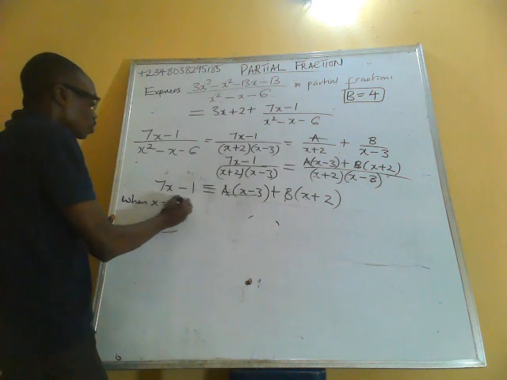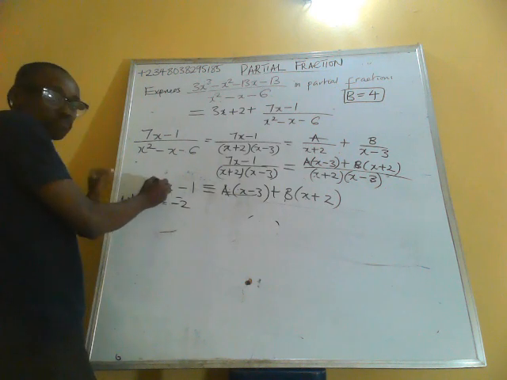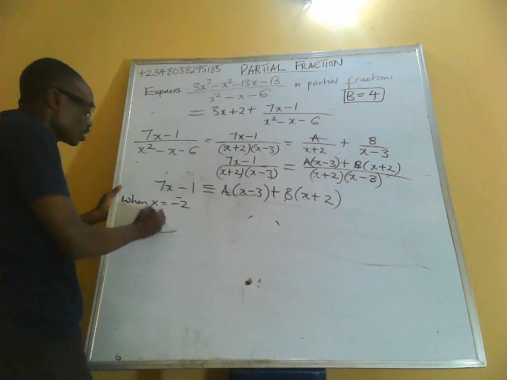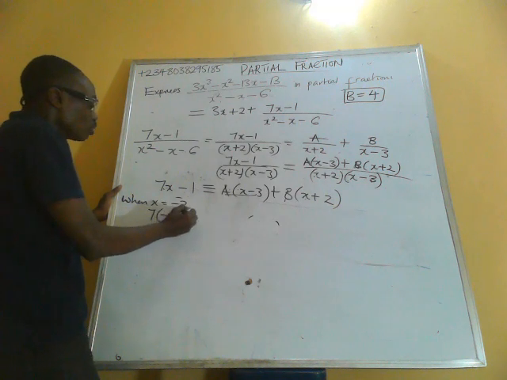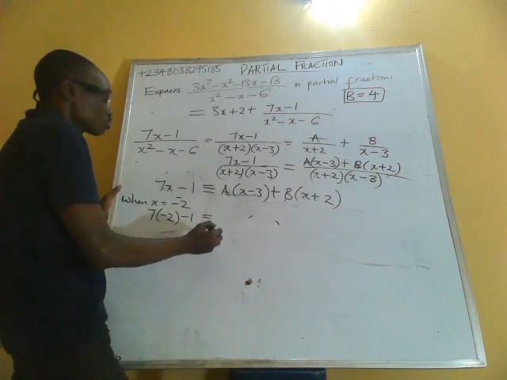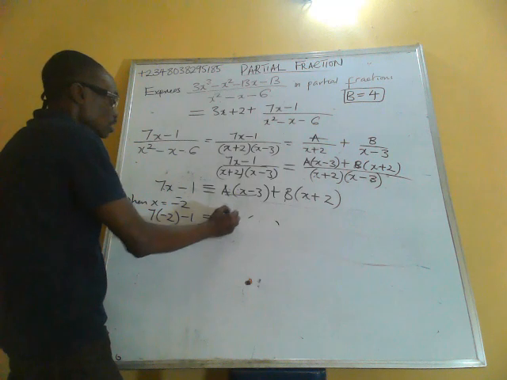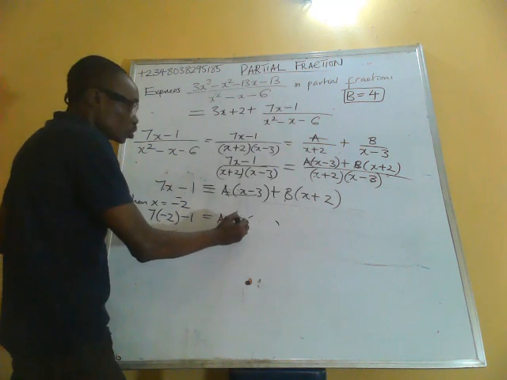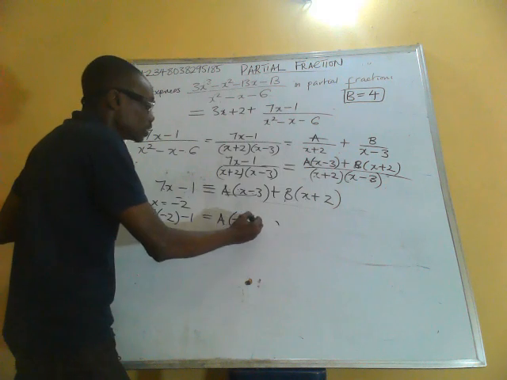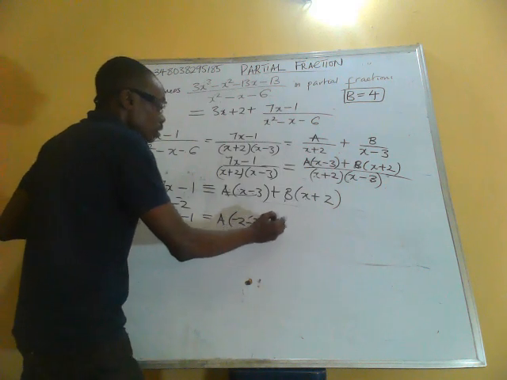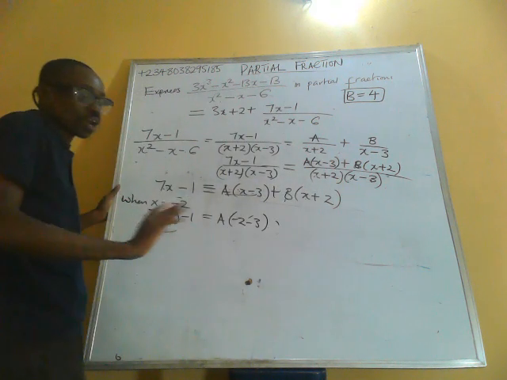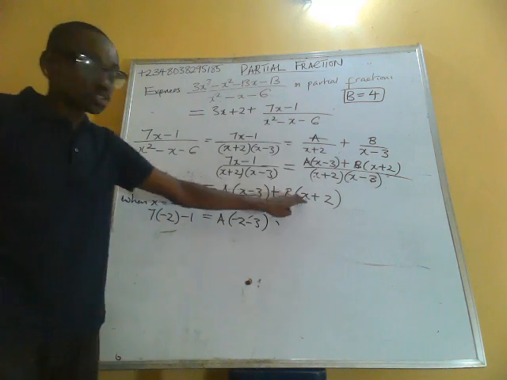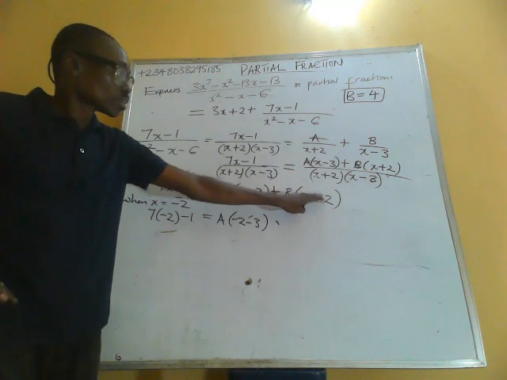When x equals to minus 2, putting minus 2 here, you have 7 into minus 2 minus 1 equals to a into x, which is minus 2 minus 3. Everything here is 0, so let's just forget about it already. Minus 2 plus 2, 0 times b, 0.